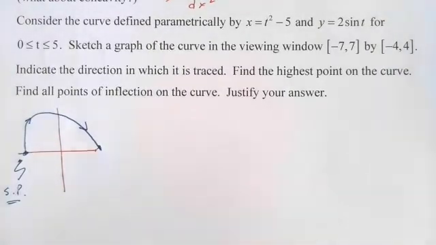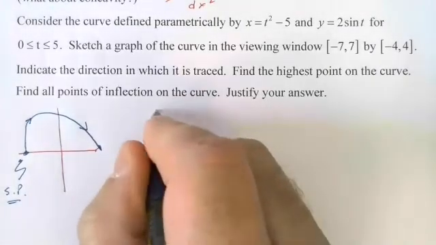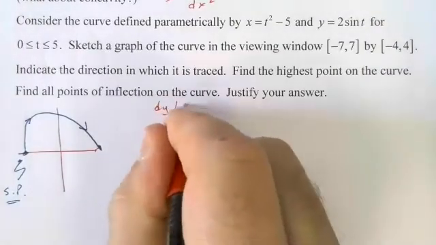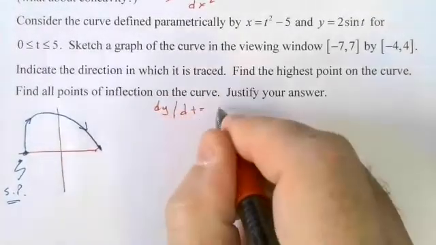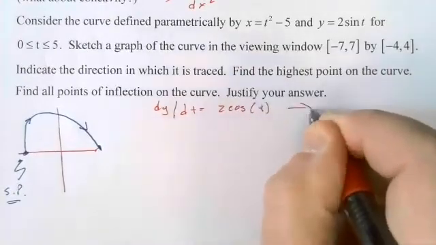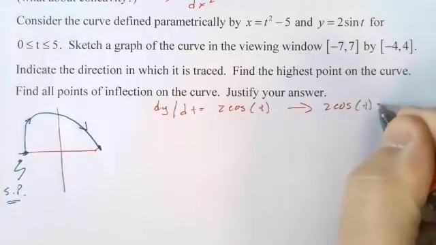Yes, to help you out. All right, indicate the direction, blah, blah, blah. Find the highest point in the curve. We need dy dx. Okay, well, dy dt is 2 cosine of t. And I got to be careful here. I got to find where the 0 is on that. 2 cosine of t equals 0.